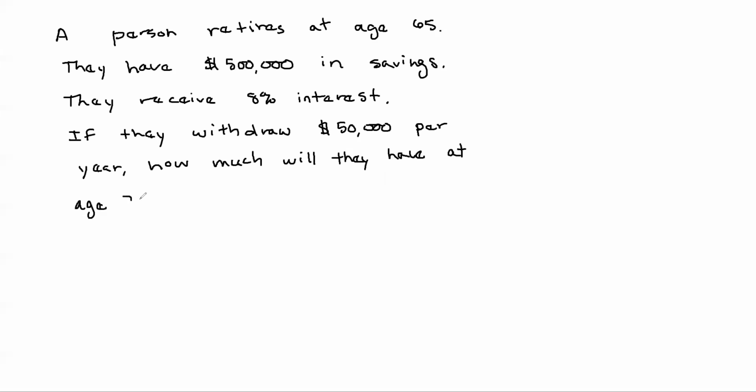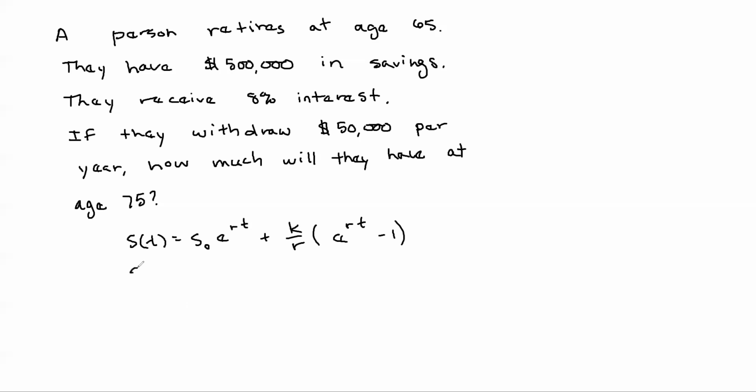So 10 years. Okay, so again, you start off with our basic model. S of t equals S naught e to the rt plus k over r (e to the rt minus 1).